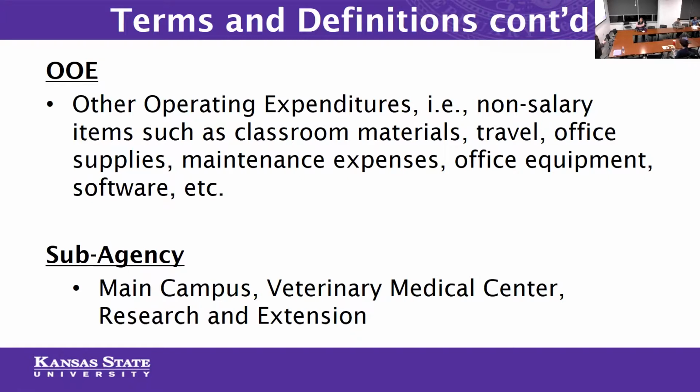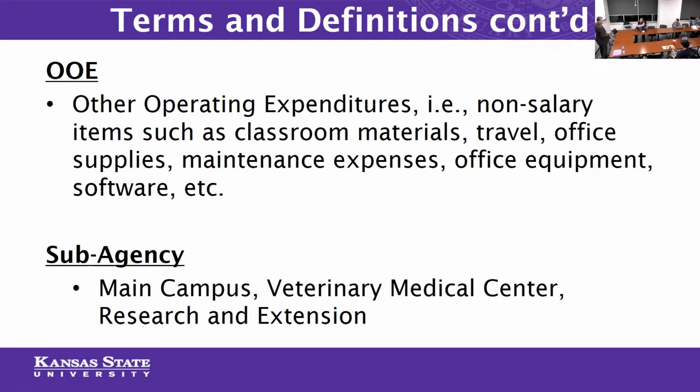We have these sub-agencies so we're able to break the budget out into different categories. The reason we do that is when we turn our budget information in to the state, it allows the legislature an easier way to compare us to the other Regents institutions. If everything were combined, the first question legislators might ask is, how does K-State's budget compare to KU?